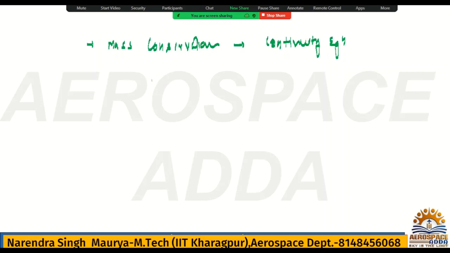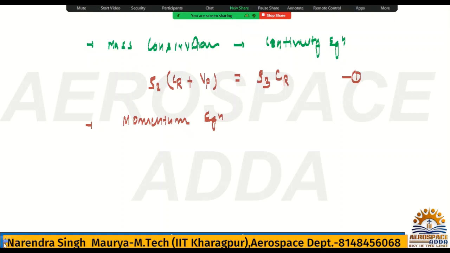So it will be rho 2 into Cr plus Vp, ahead of the incident shock, is equal to behind. What is behind? Region 3, rho 3 into what is the velocity? Only Cr. This is equation 1. Similarly, we can write the momentum equation.